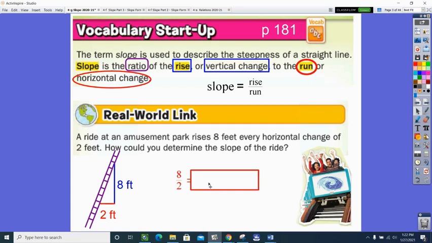First of all, some of you might realize right away that 8 is divisible by 2, right? But if we cut these both in half, you'd have 4 over 1. So for every 4 feet that this ride goes up, it will go 1 to the horizontal change in distance, or 4. So if you write it as 4 over 1, perfect. If you write it as 4, that's fine. Don't leave it as 8 over 2. Reduce it, please.